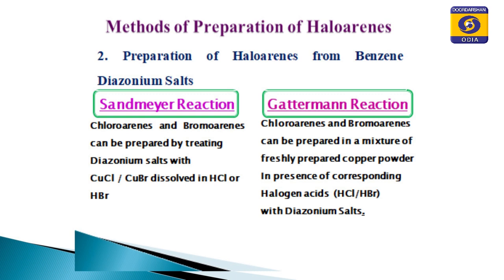Now let us have a look at the different methods that we have discussed for the preparation of haloarenes. First, we discussed how side chain haloarenes are prepared. For side chain haloarene preparation, the halogenation method is similar to the halogenation of alkanes. The reagent is chlorine in the presence of sunlight, and no halogen carrier is required.